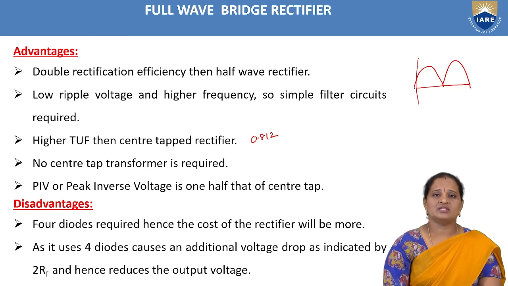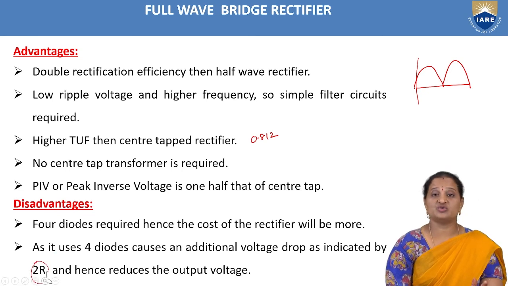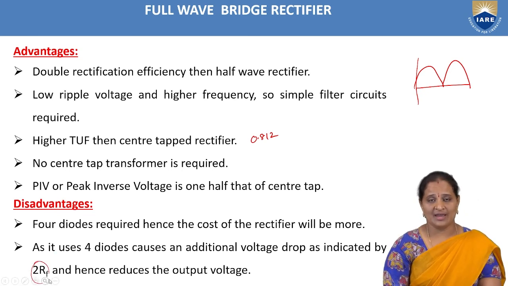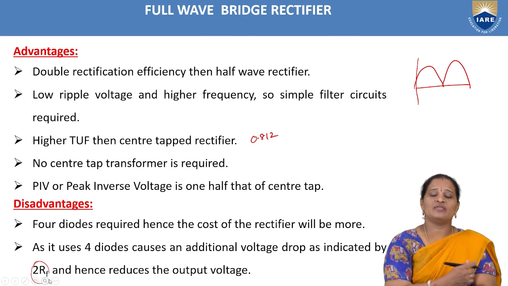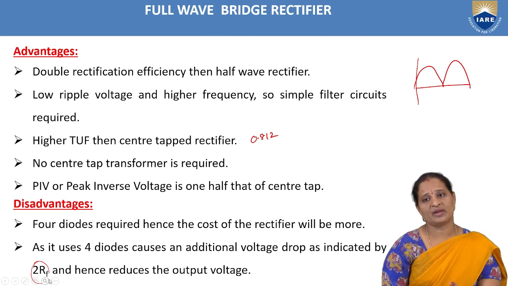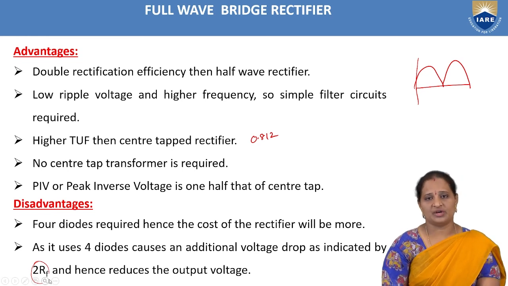Hence there will be some resistance offered by the diodes, which is indicated by 2 into Rf, as 2 diodes are on at a time, either during the negative half cycle or the positive half cycle. As the 2 diodes are on, there is some additional voltage drop across the diodes, which further reduces the output voltage.